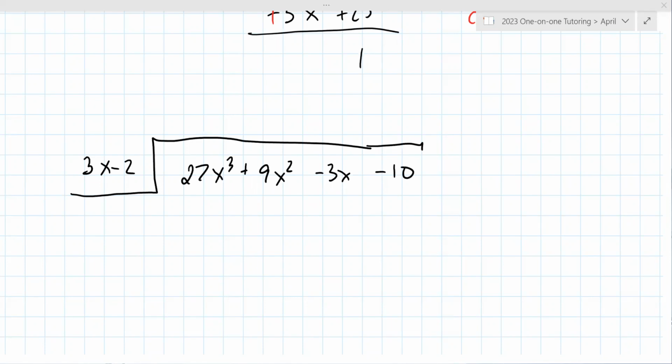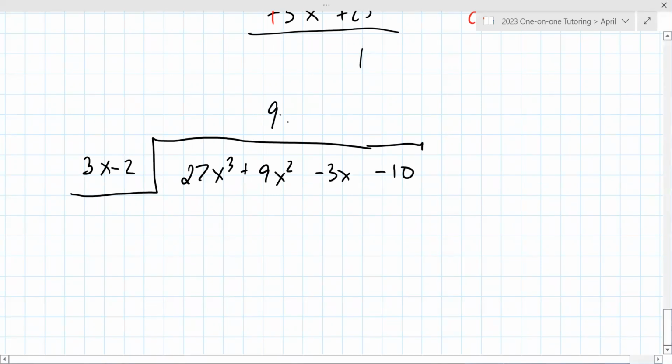Okay. Would it be 9x cubed? Squared. Oh, 9x squared, because it gets you to the cube.